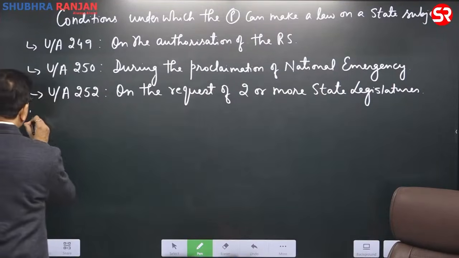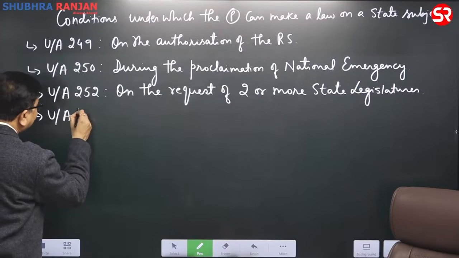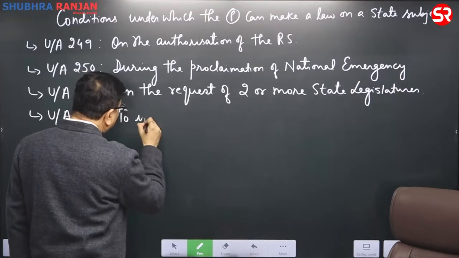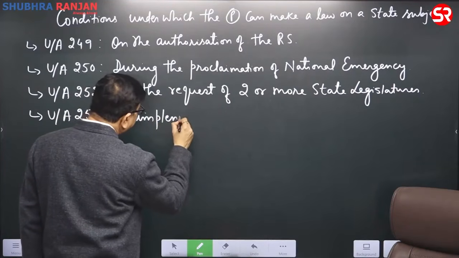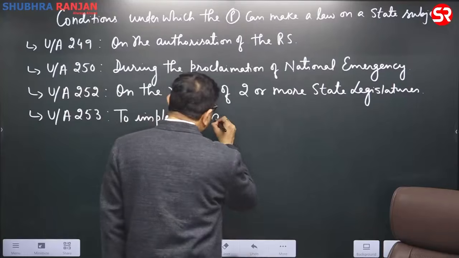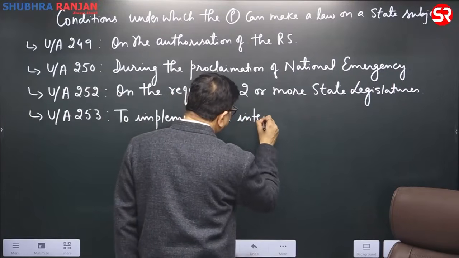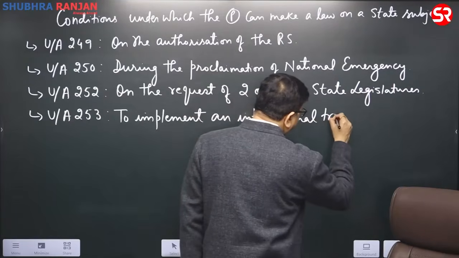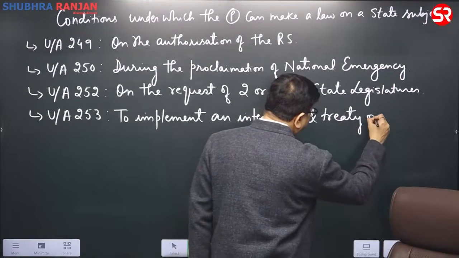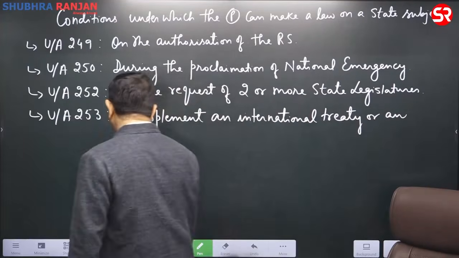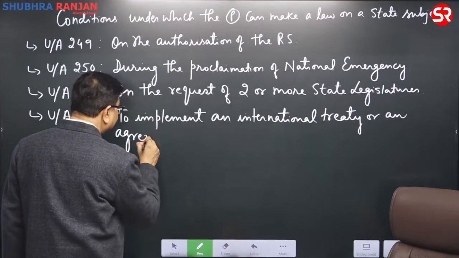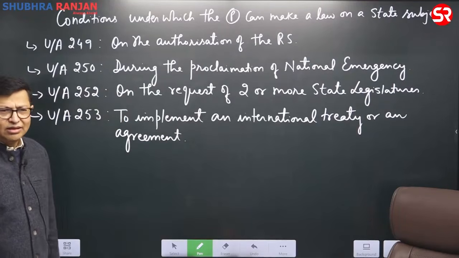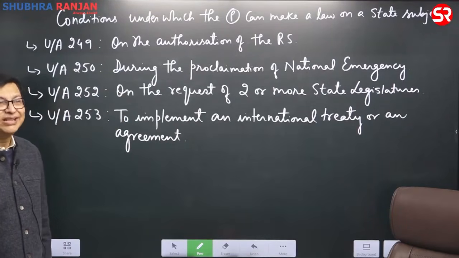Then next, under Article 253, to implement an international treaty or an agreement, you see, river water is a subject in the state list.